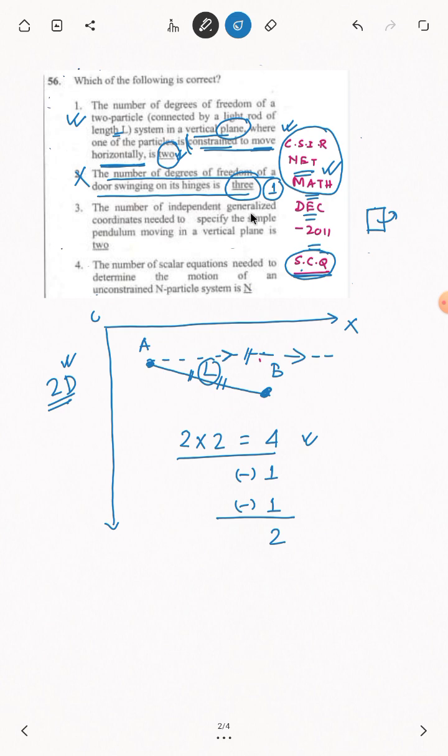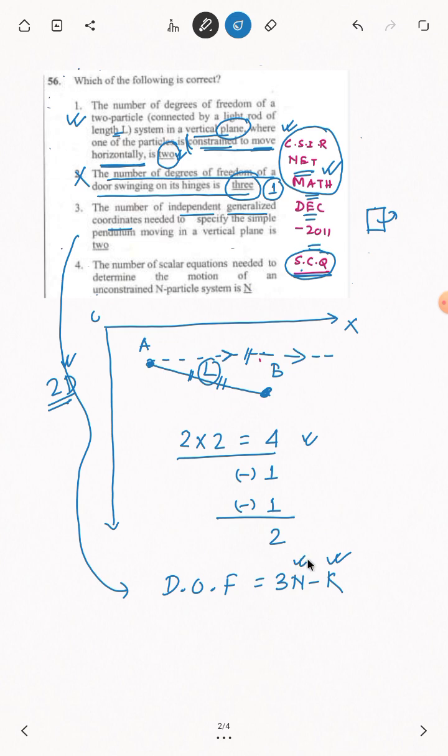The number of independent generalized coordinates. Generalized coordinates, this is something new to you. We will discuss in our next lecture that DOF, degrees of freedom, which was in general of 3n minus k type, where k were constraints and n was the number of particles.